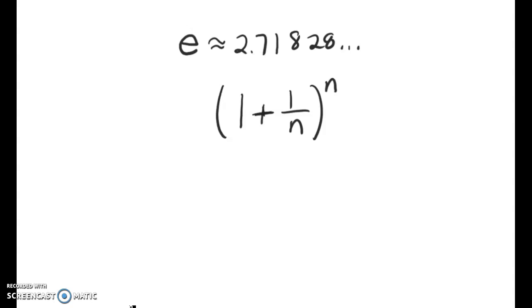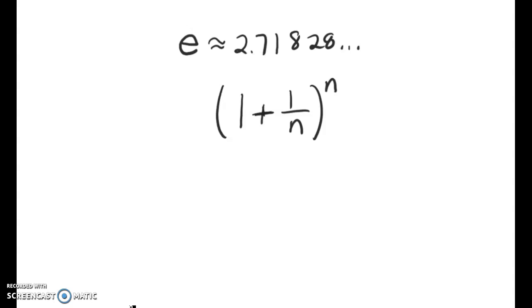It's kind of like in calculus, we say it approaches a limit. So the larger the values I put in here for n, you're going to see it approach a limit.